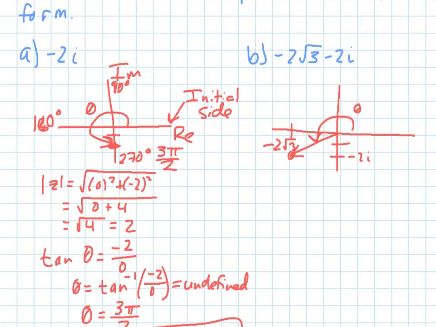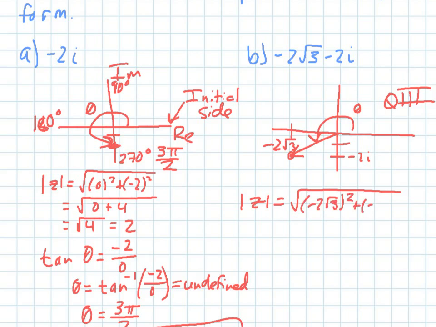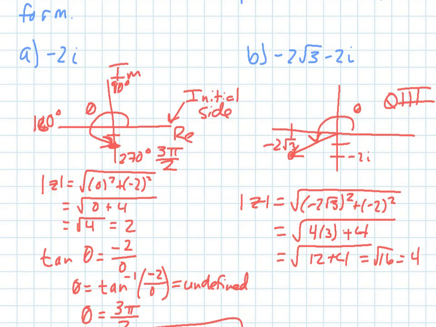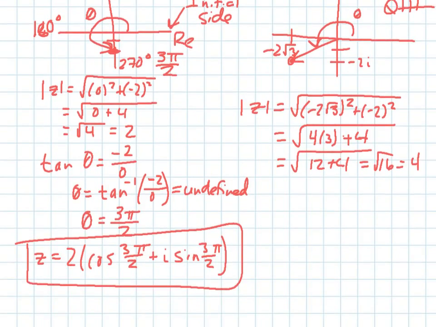Now I want to find my modulus: negative 2 square root of 3 squared plus negative 2 squared. That gets me 4 times 3 plus 4, which is 12 plus 4, the square root of 16, which is 4. So my radius is 4, and now I want to do my tangent.